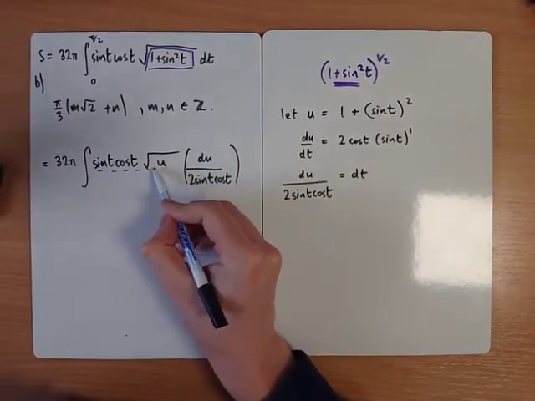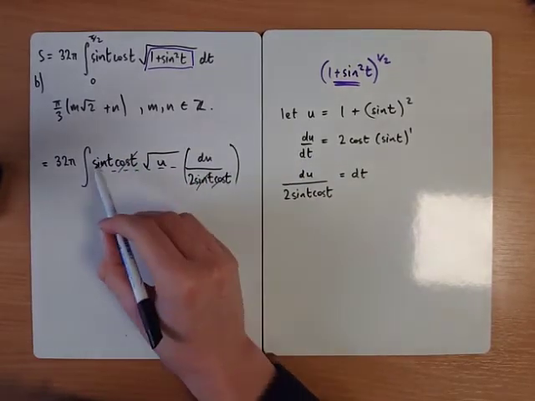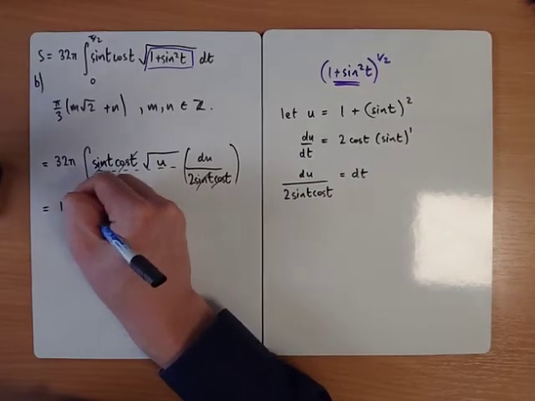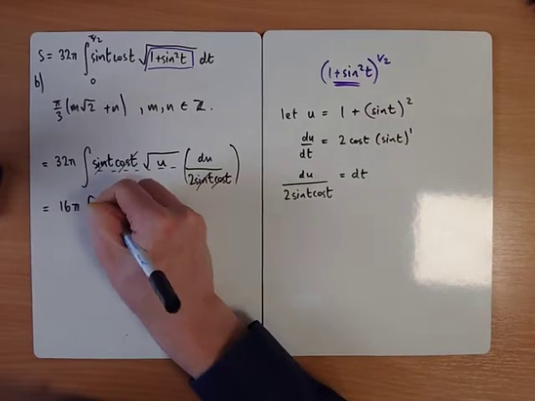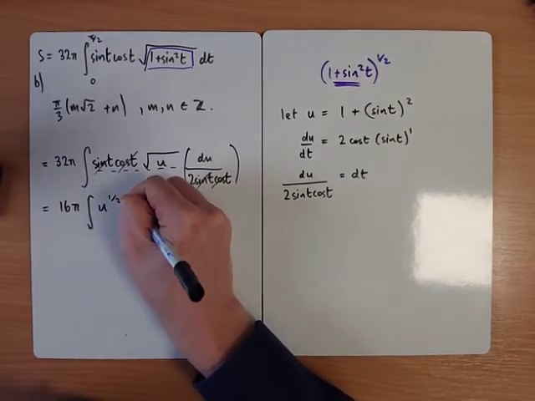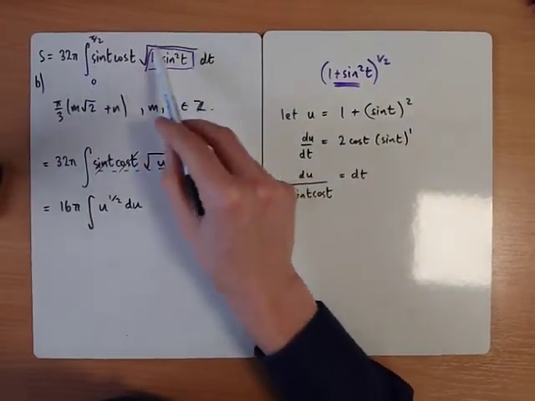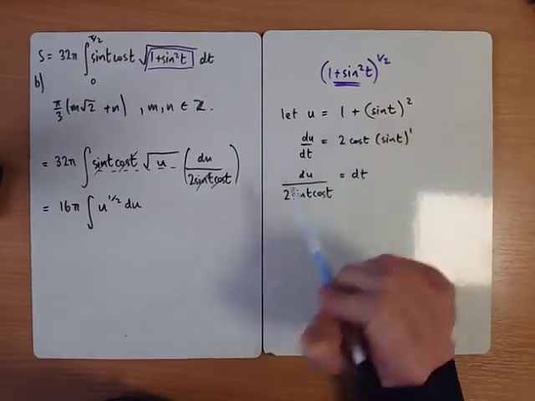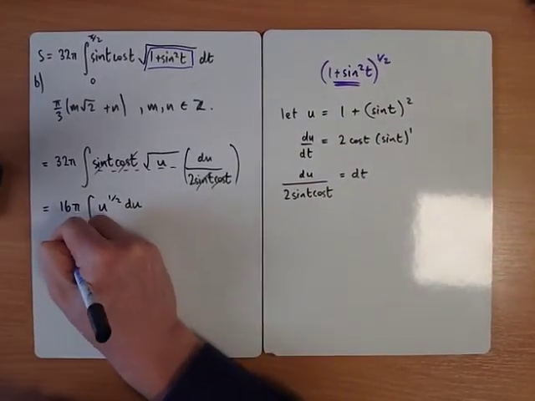Simplifying this down now, they cancel, take the half outside, and we're left with a very simple integral, u to the half, which is the beauty of these substitutions. It turns something completely horrific into a nice, relatively straightforward question just by spotting where the problem is.